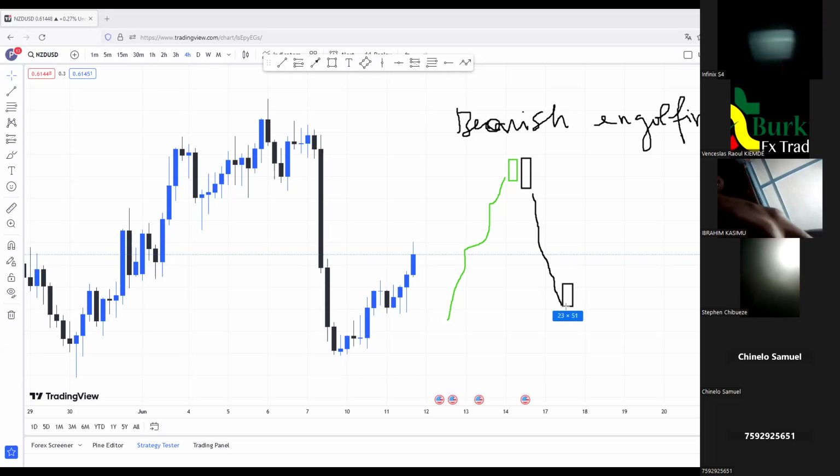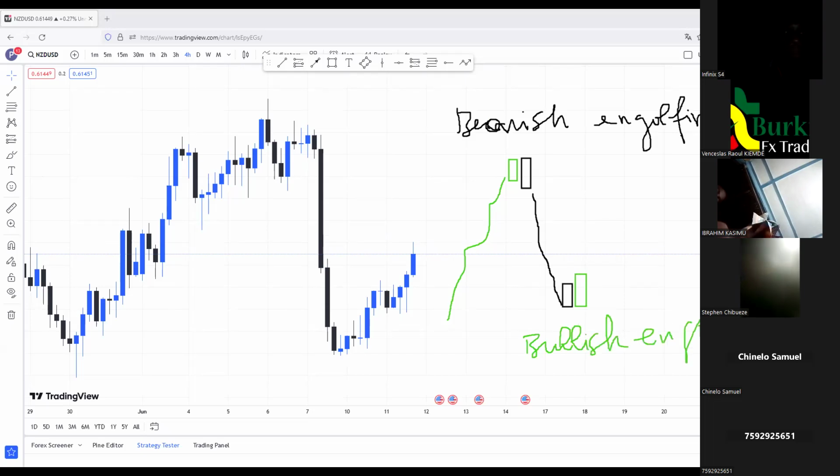And after this candle, you're going to see another, an up candle, and the body of the up candle is bigger than the body of the down candle. This is what we will call a bullish engulfing, right?